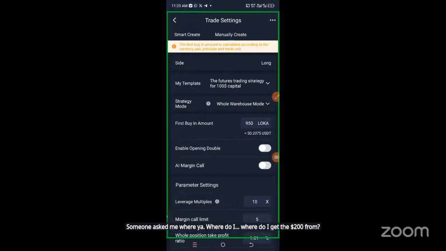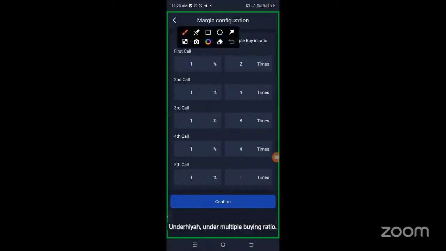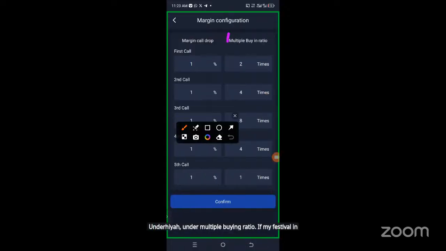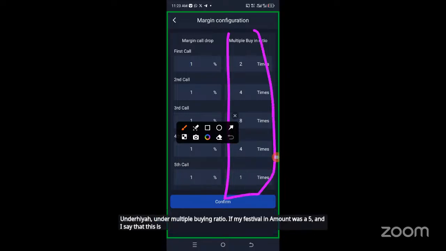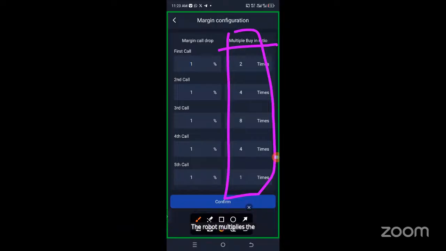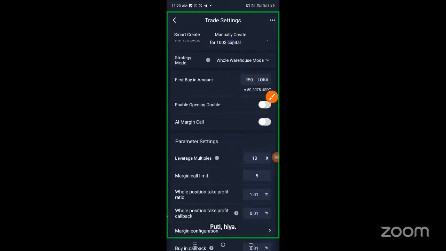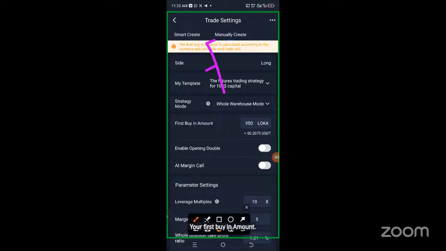Under here, under multiple buying ratio, if my first buying amount was 5 and I said this is multiple buying ratio, multiple means multiplication. The robot multiplies the number you have put here times your first buying amount of $5.